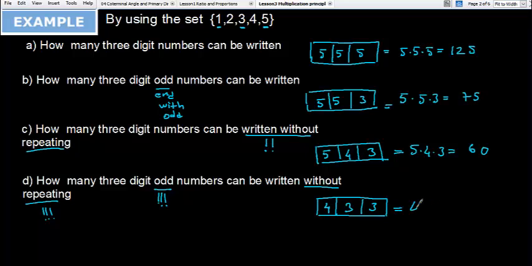So the answer is 4 times 3 times 3: 4 times 3 is 12, times 3 is equal to 36 numbers that are odd and without repeating.